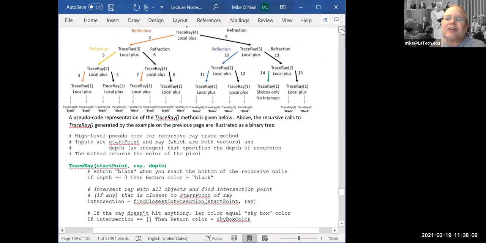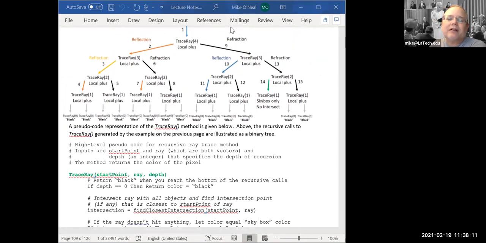Well, obviously, if you're going 4 levels deep, as we can see here, you could have up to 15 intersection calculations here. Now, it's not always going to be 15. If you notice over here, I have ray 14. Remember ray 14, our little green ray that didn't hit anything? That's him over here. He returns the skybox color because there was no intersection.